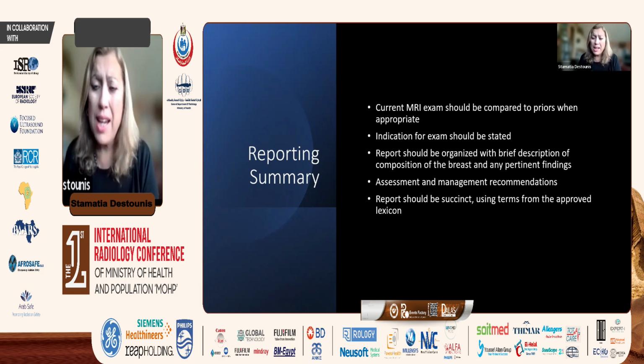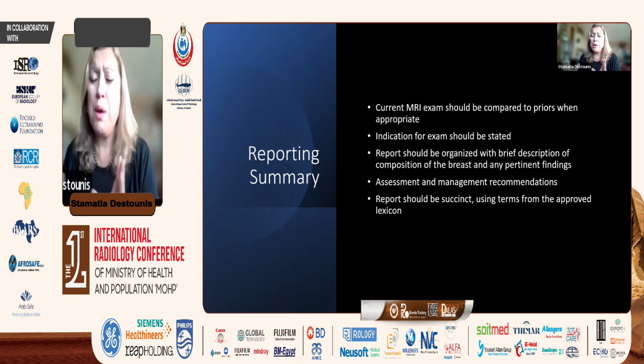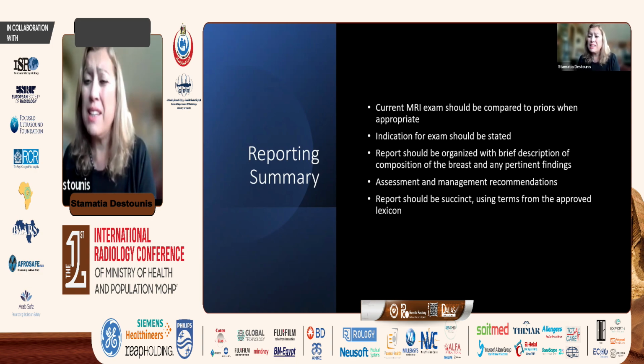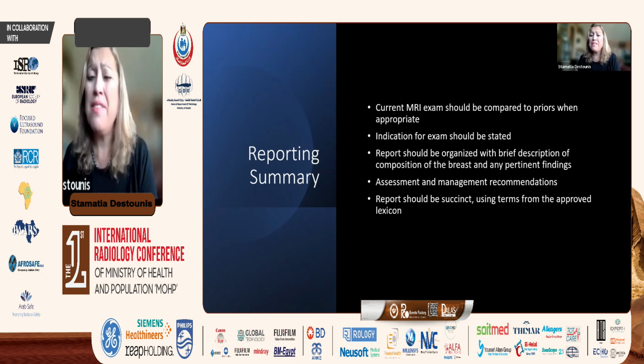And we have to organize the reporting. So it's a brief description of the composition of the breast tissue and any other pertinent imaging findings that we saw on our MRI, and then give our assessment and management recommendation that really should correlate, and an explanation if it doesn't.